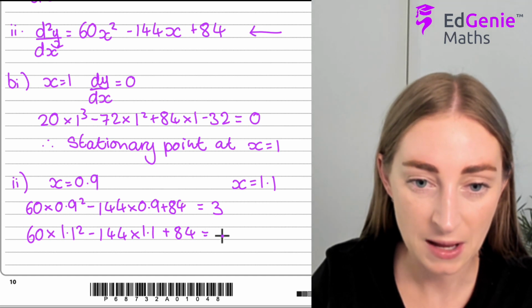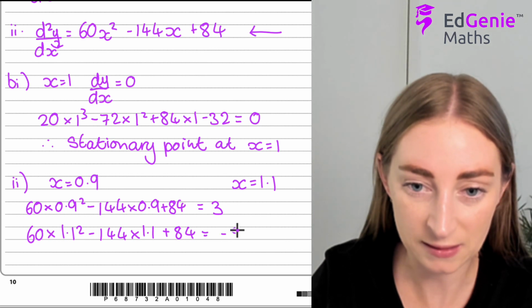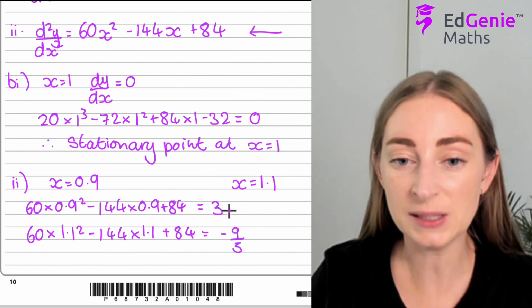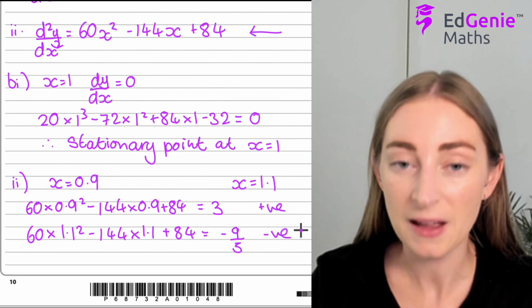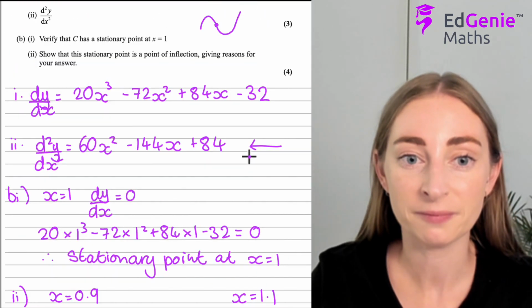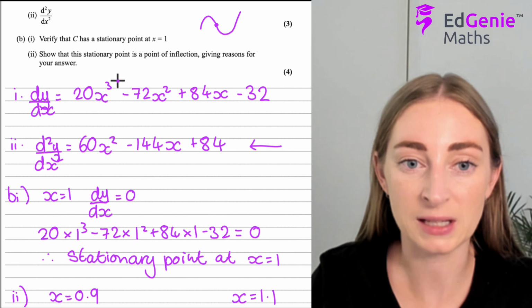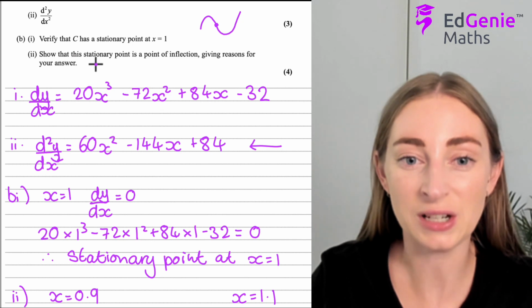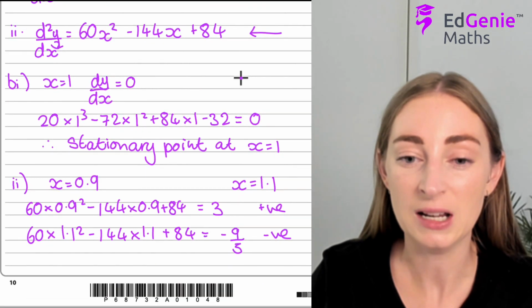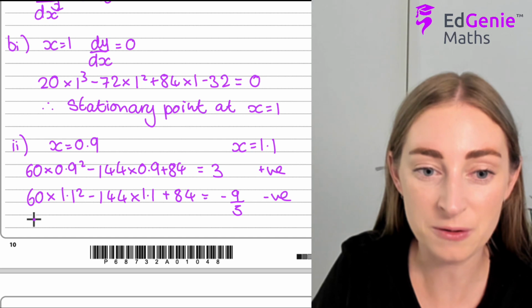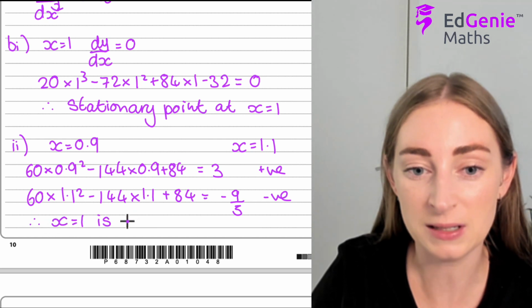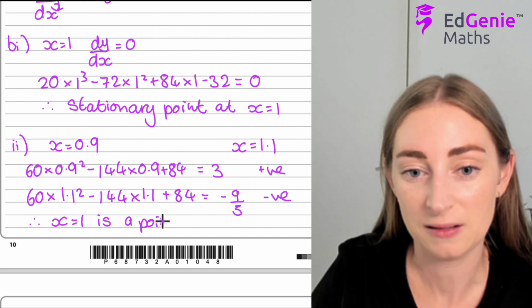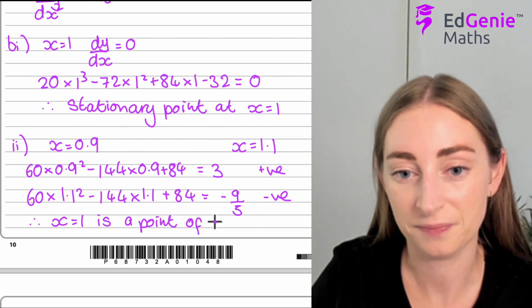And I've got minus 9 over 5. So because this one's positive, this one's negative, I can then say, read my question, it's going to give me the answer, show that the stationary point is a point of inflection. So I can say, therefore, stationary point is a point of inflection.